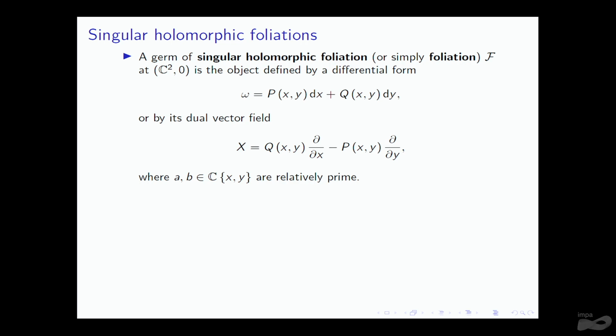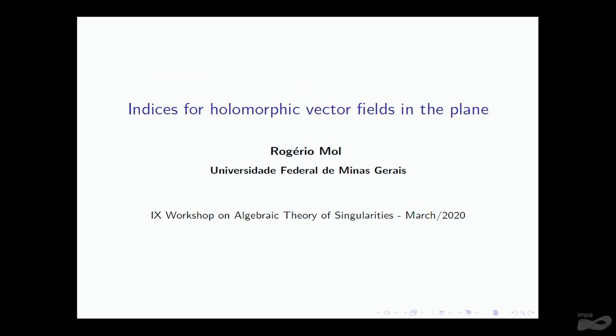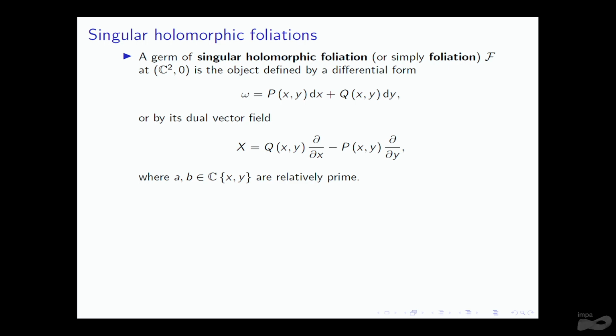I talk about holomorphic vector fields in the plane, germs of holomorphic vector fields with coefficients Q and P, which are germs of holomorphic functions, relatively prime. Since I'm talking about singular vector fields, this means that the singularity is isolated.